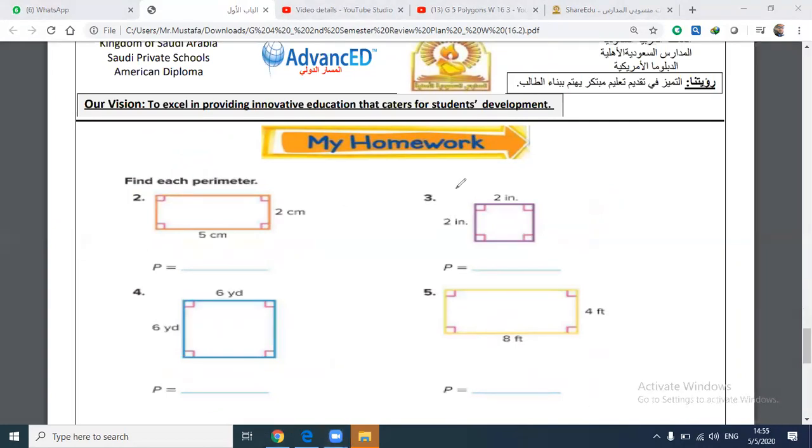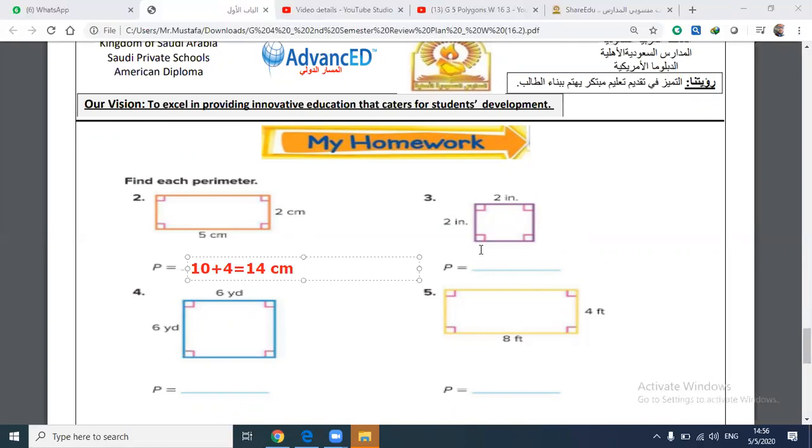Fast as you can. 5 times 2 equals 10, and then 2 times by 2 equals 4, and then add 10 plus 4. 10 plus 4 equals 14. 14 what? Centimeter. Same unit, yeah.